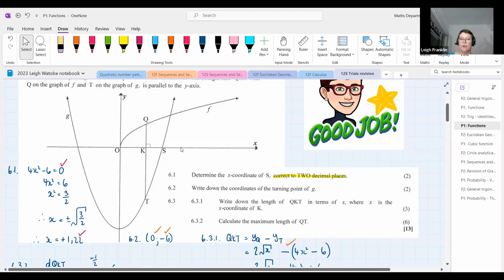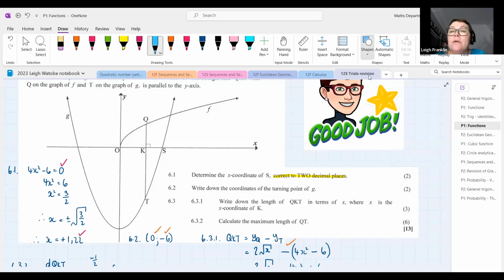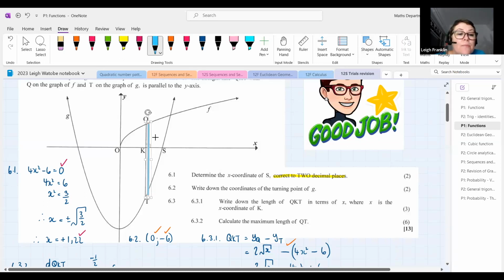Let me draw something over it in a nice bright color. So here you've got QKT, and it can move.